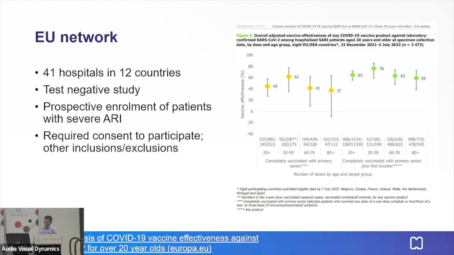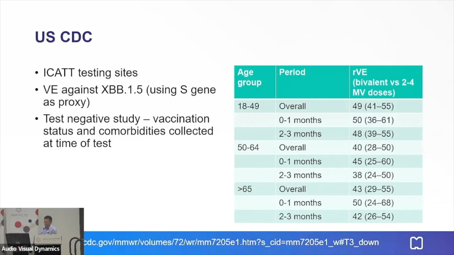The EU network have taken a similar approach. They've prospectively enrolled patients with severe ARI. It is noted that in this study, they do require consent to participate, so this isn't really a surveillance system, and therefore there are potentially biases that are introduced by that process, and they have other inclusion and exclusions which are relevant. And then the US CDC have their own similar system at specific clinics.